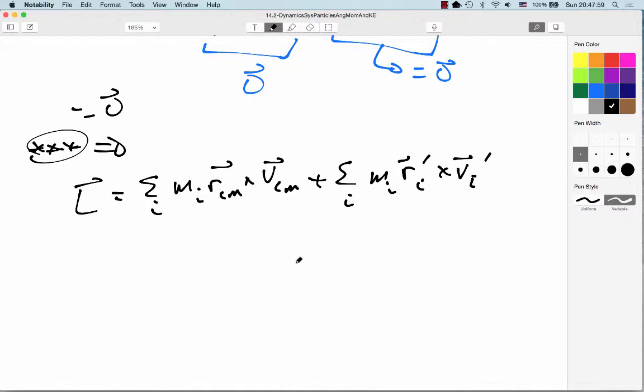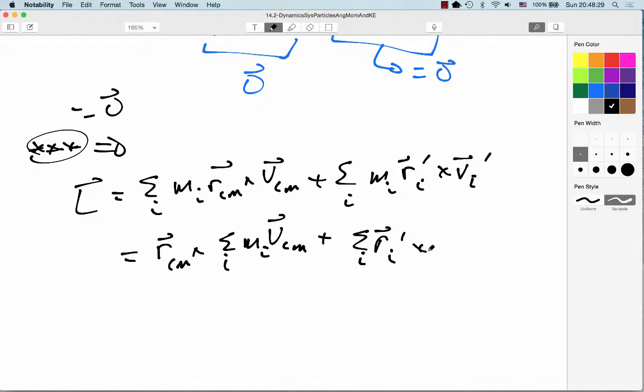Well, this bit here, I can pull the R_CM cross out: R_CM cross the sum over i of m_i V_CM, plus, over here, I'm going to move the m_i over: R_i prime cross m_i V_i prime.